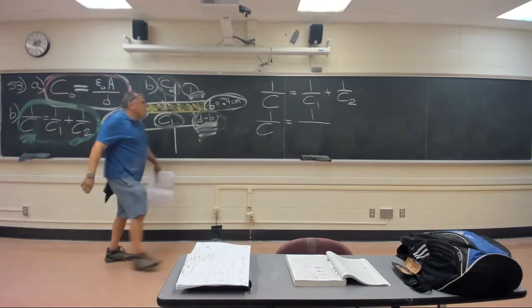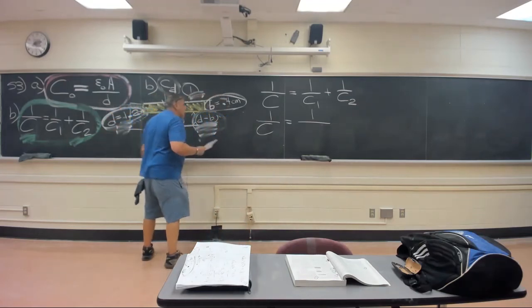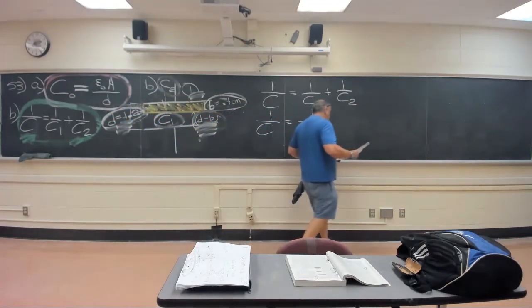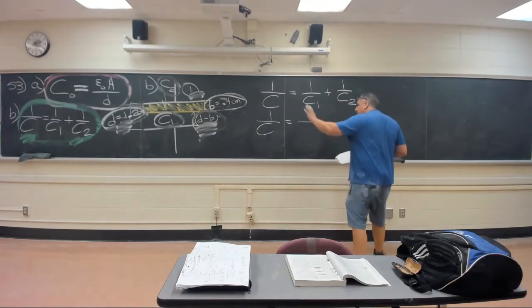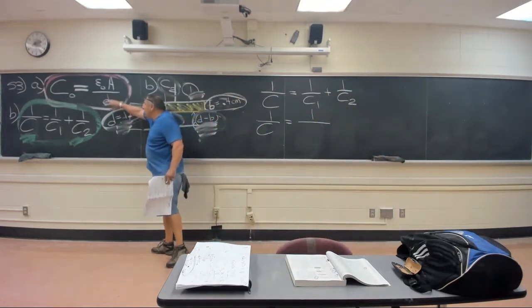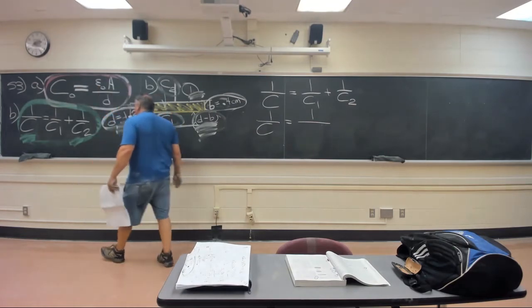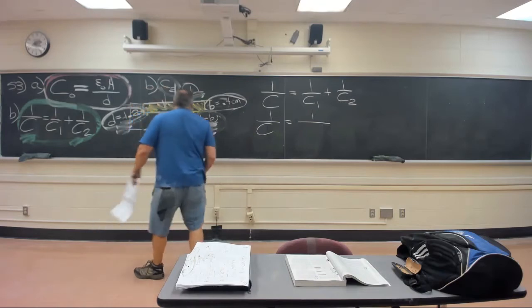This is the basic structure of the mathematics based on the book and things we've talked about, and the reasoning process. Area on top, separation on the bottom, and a constant right here, depending on what constant we're talking about.